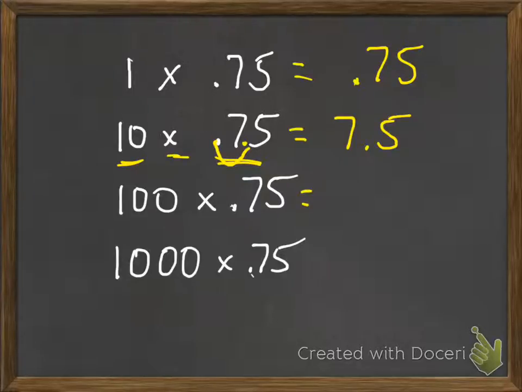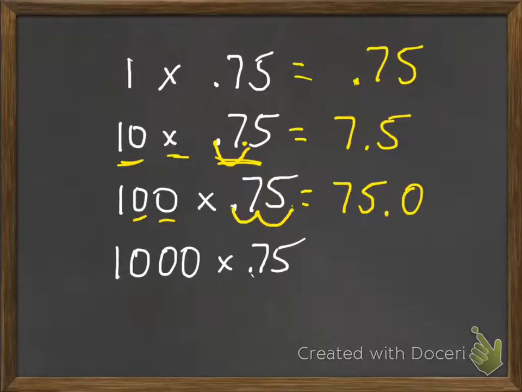Now, if we take 100 groups of 7,500s, what we're doing is we're taking this decimal and we're moving it to the right now, 2 places. Because of the 2 zeros here, we're going to move it to the right 2 places, and if that decimal moves to the right 2 places, we now have 75 wholes.